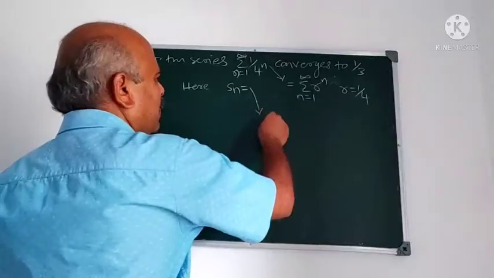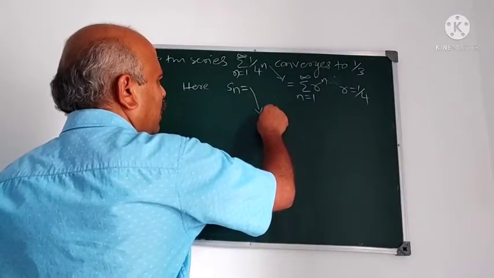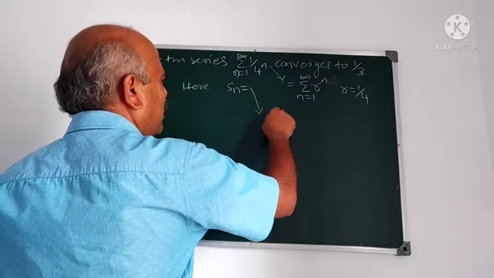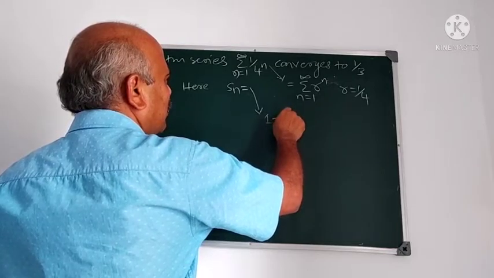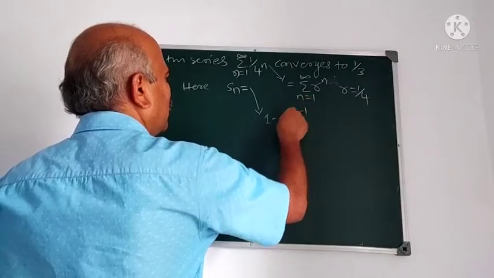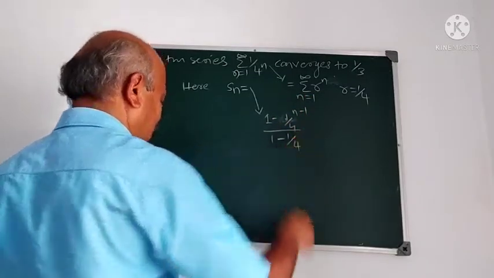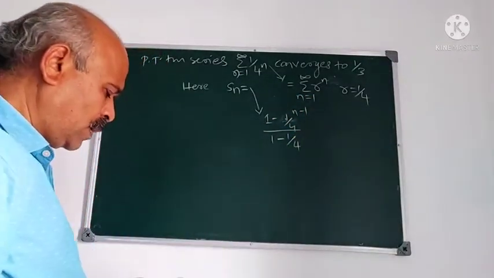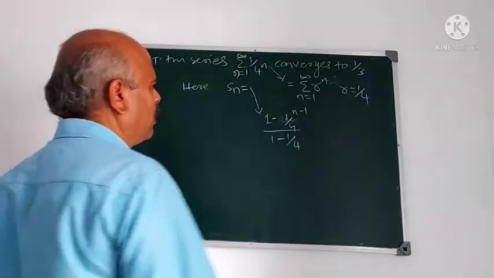Now to find the limit, what is Sn? It is a into 1 minus r raised to n divided by 1 minus r, that is 1 minus 1 by 4 raised to n divided by 1 minus 1 by 4, which is 3 by 4. Here a is 1 by 4.